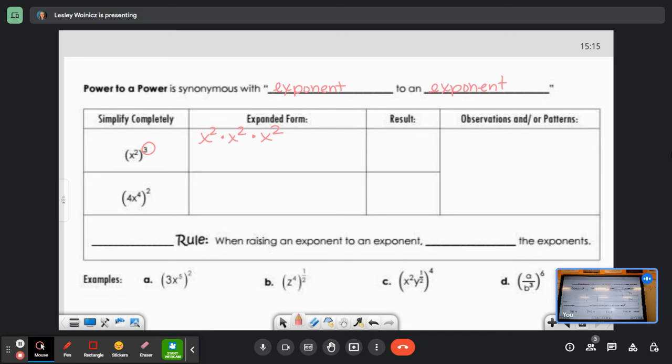Now, each of those x squared is x written twice. So this is x times x, this one's x times x, and this one is x times x. So how many x's do we actually have multiplied together? Yeah, 6. So this gives us x to the 6th.